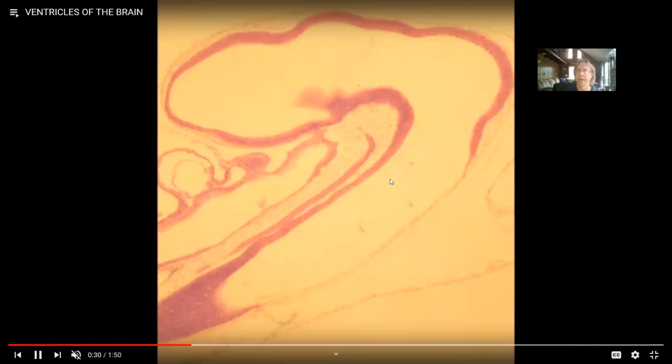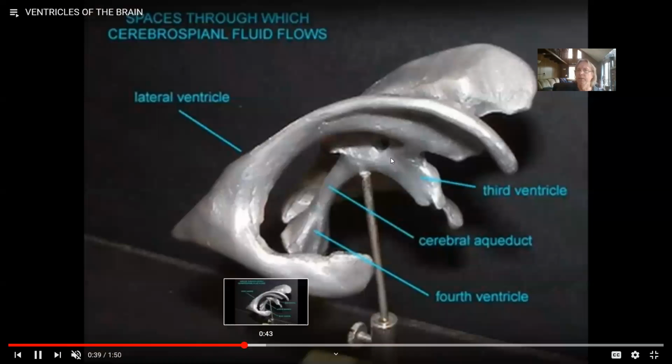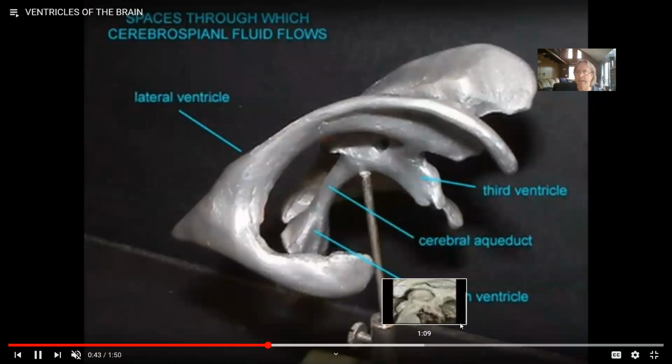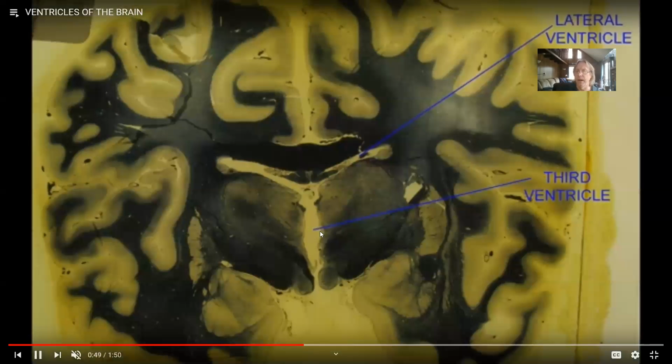Here's a pig brain forming. Notice the hollow nature of that. And here, this is a mid-sagittal section. Notice you can see the lateral ventricles over the thalamus and under the cerebrum. Here's a model which depicts the spaces. The 4th ventricle is under the cerebellum.